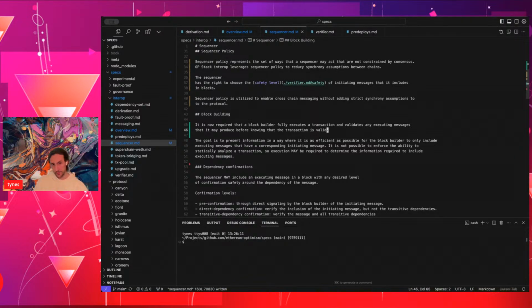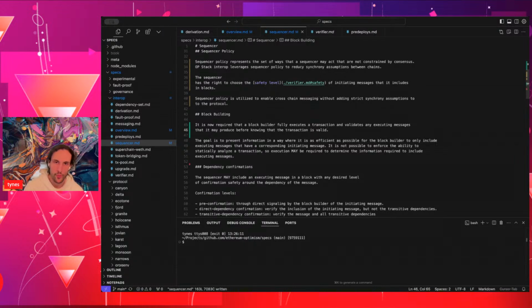Right, so in Ethereum, historically, the idea is that you don't need to execute a transaction to know if it's valid. You can just look up its nonce and its balance and know the base fee from the block header. So reverting transactions can be included if they have the right nonce and can pay the fee.